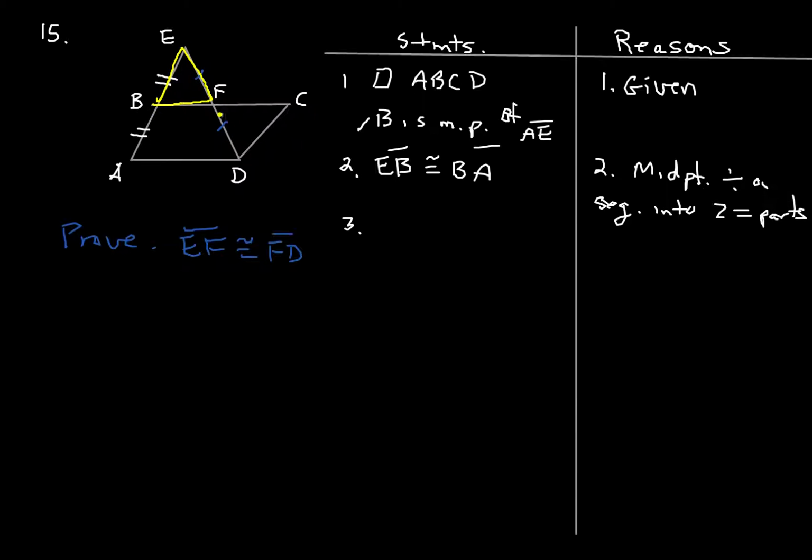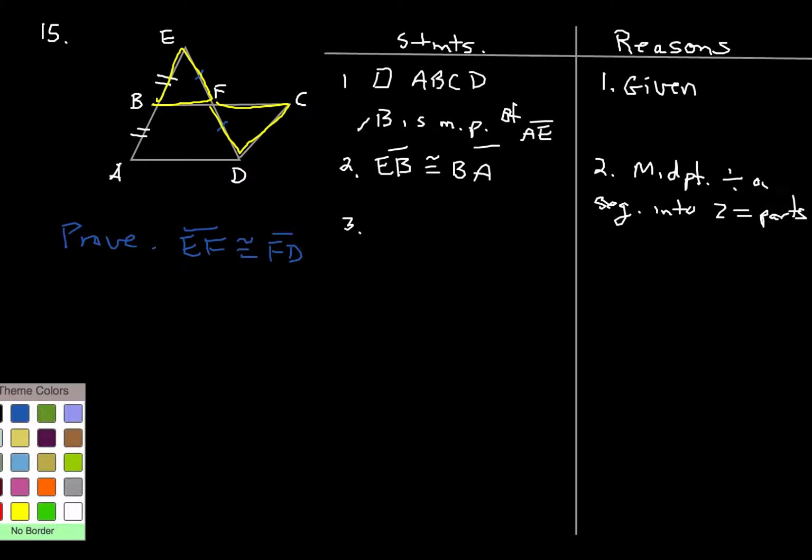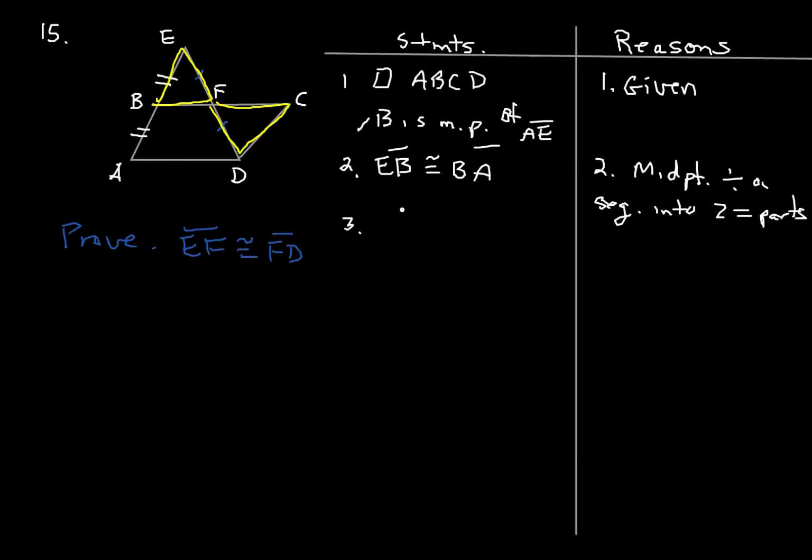So I'm going to take and just mark these up. We're going to try to get these two triangles congruent. So all we have so far is nothing. So let's see if we can do something out of this. All right. I can see one thing we can do. We can say angle EFB is congruent to angle CFD.